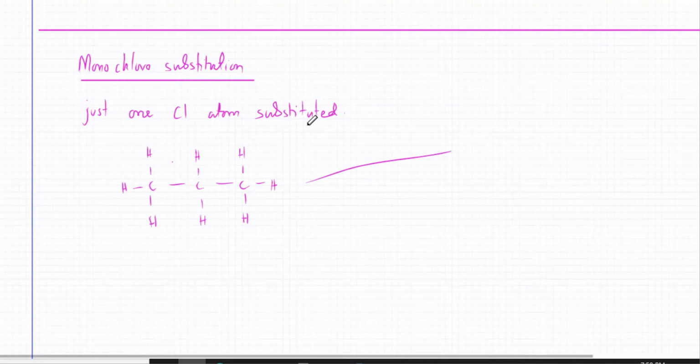One of them is this one: you get one chloropropane, so all the H atoms are there and one of the H atoms gets substituted by a Cl.